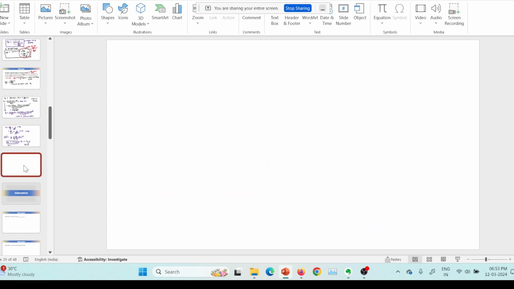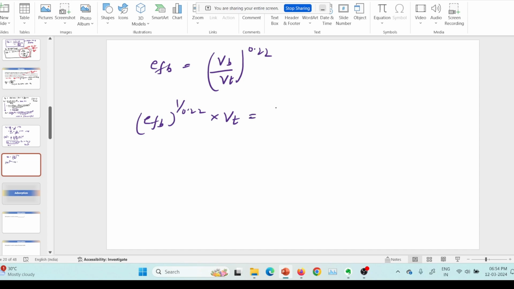So once the Vt value comes, we'll put it in this formula: EFB is equal to Vb by Vt to the power 0.22. So Vb will be EFB to the power 1 by 0.22 into Vt. We know EFB is 0.7, so 0.7 to the power 1 divided by 0.22 into Vt. What is Vt?